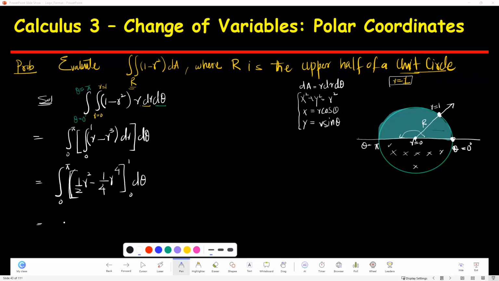Let's substitute the values so we can simplify it. It's going to be 0 to pi and half. When you substitute 1, it is going to be half minus 1 over 4 minus 0, and d theta.